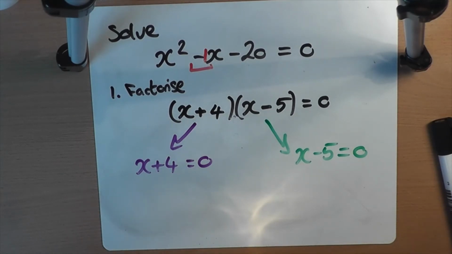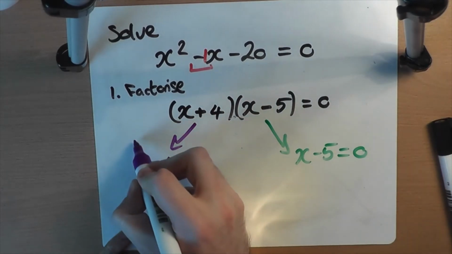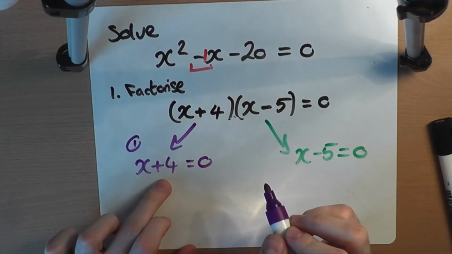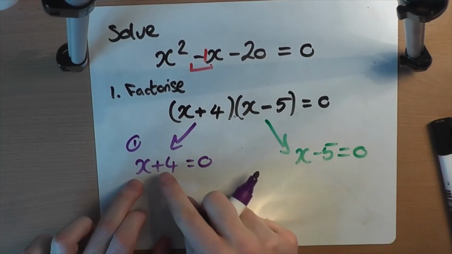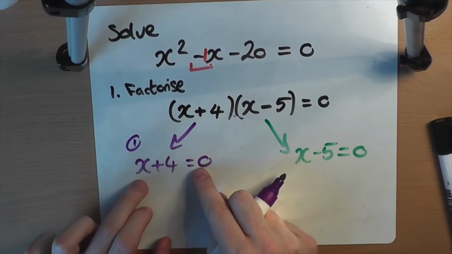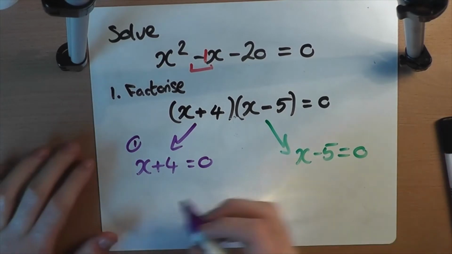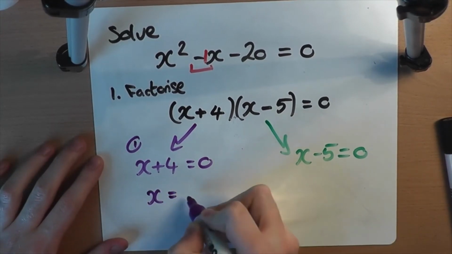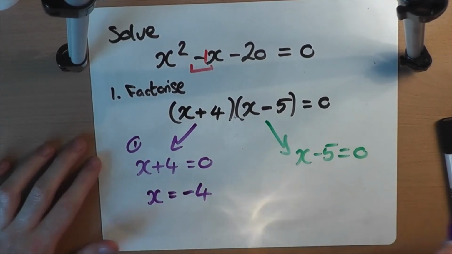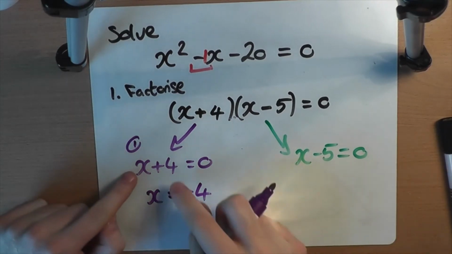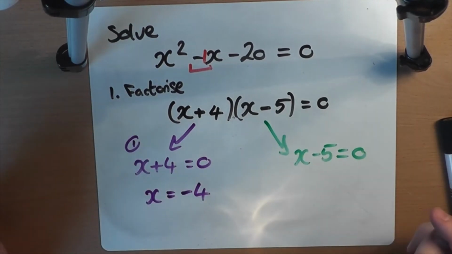If it's the case that option 1, x plus 4 equals 0, something plus 4 gives us 0. What must the something be? Well, the something must be minus 4. Because minus 4 plus 4 gives us 0.